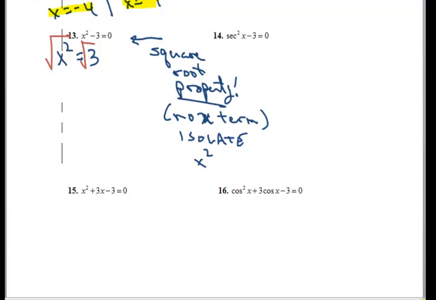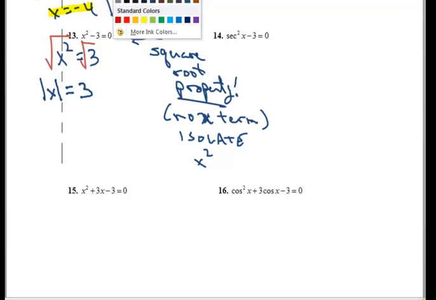However, and this is something that you may not remember because a lot of times you don't really talk about it too much when you do square roots, but technically the square root of x squared is not really x, right? The square root of x squared is technically the absolute value of x, and the square root of 3 is just the square root of 3.